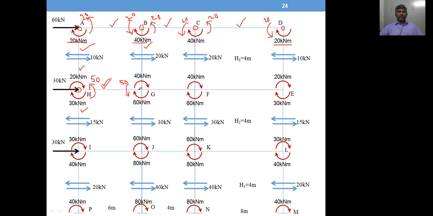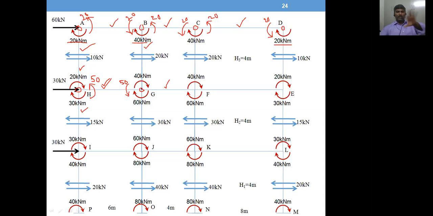So going for joint G, so now you have to read the member names: GH beam, GB column, GJ another column, GF is beam. So you need this value, GF value.